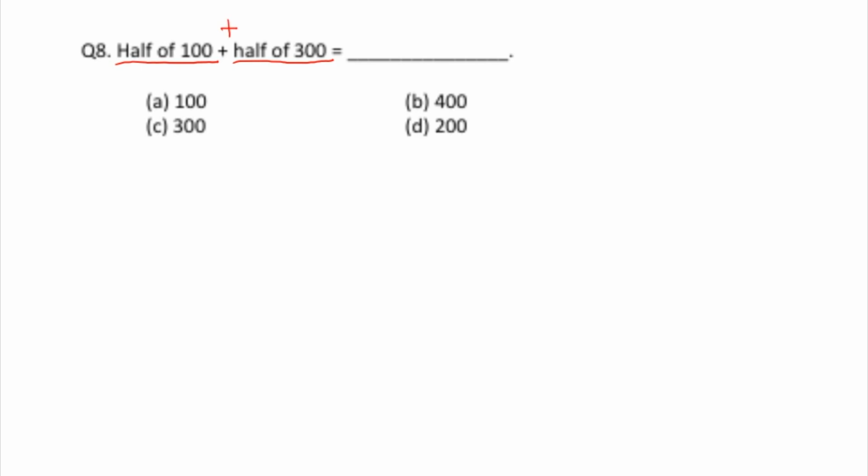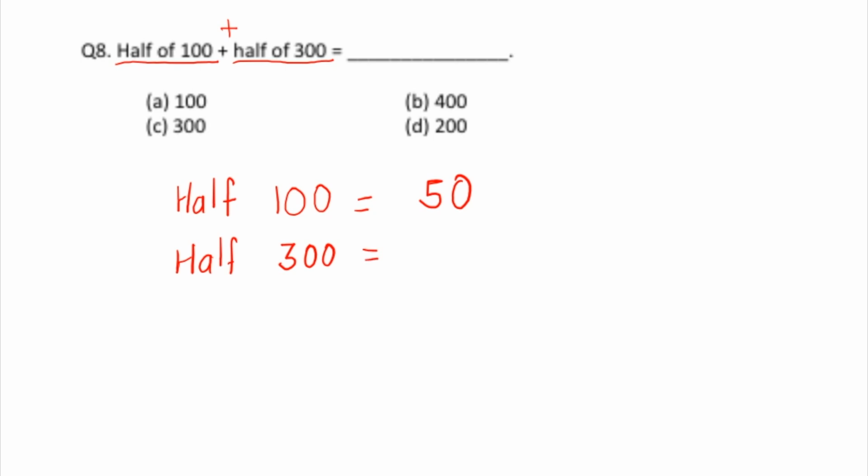Half of 100 and half of 300, and what you have to do is add. So what is half of 100? Half of 100 is 50, as you know. And similarly, half of 300 is 150.